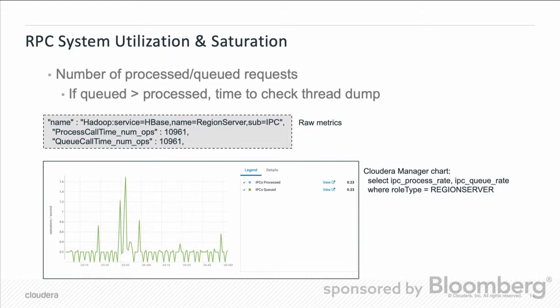We can see both match exactly because things are going well. But in case queued becomes bigger than processed, it's a sign of the RPC server getting slow for some reason. So we should check the thread dump of the particular region server in order to dig in further.